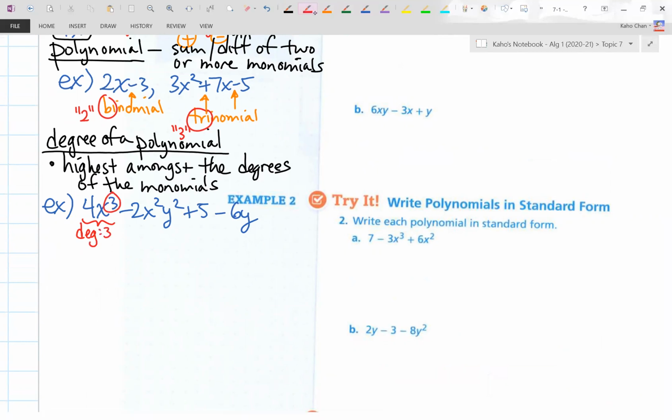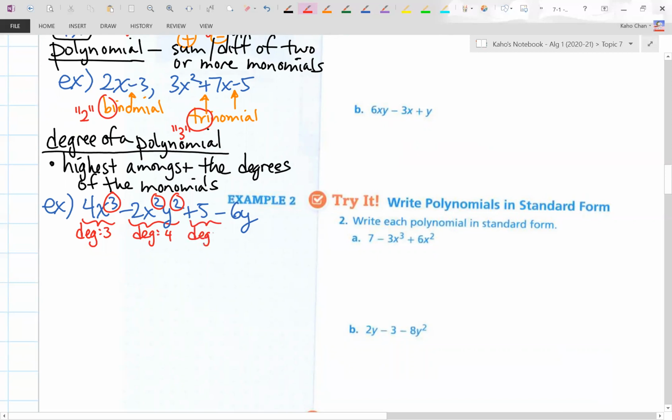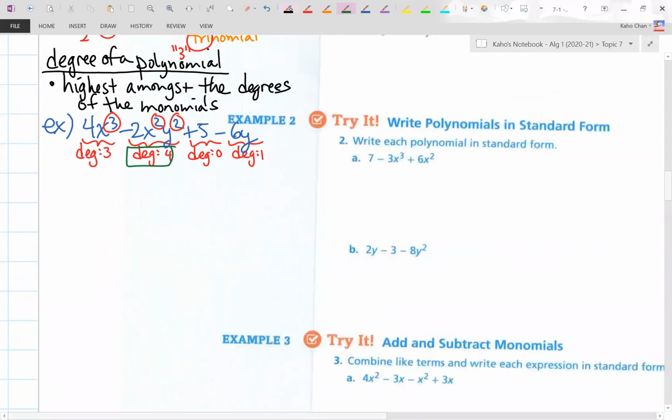The second one has a degree of 2 plus 2 is 4. Nice. The third one has a degree of 0 because it's just a constant, right? And the last one has a degree of 1. So the biggest one amongst the 4 terms is 4. So that is the degree of that particular polynomial.